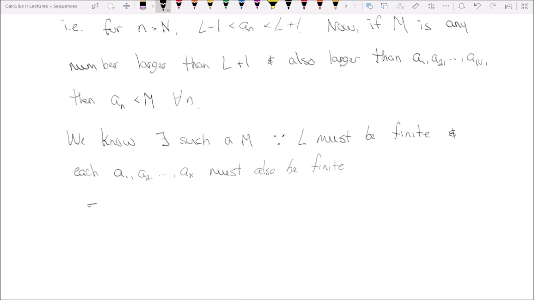What this means is that M is an upper bound for our sequence.